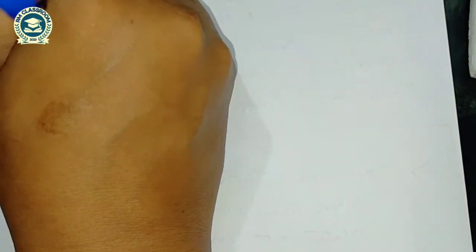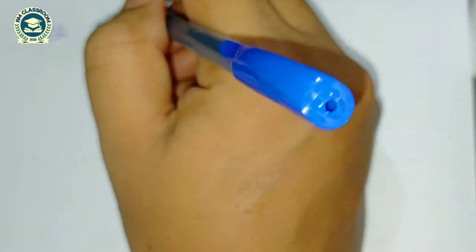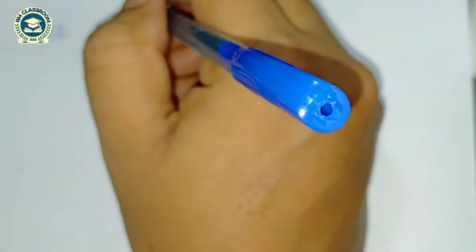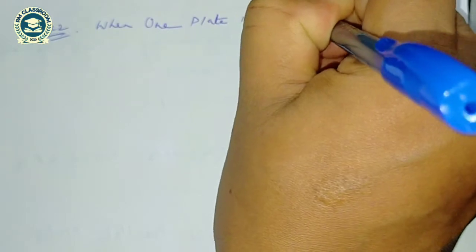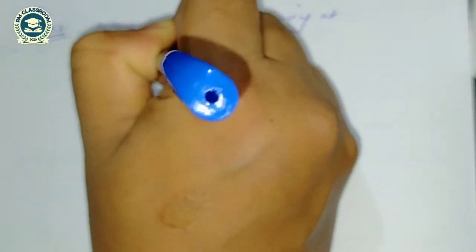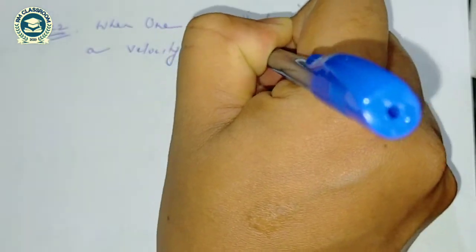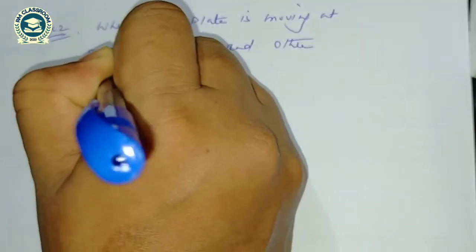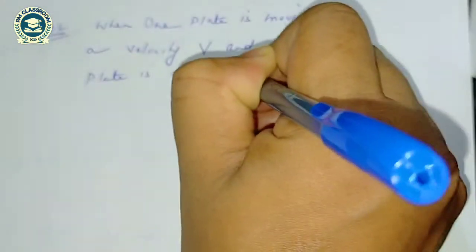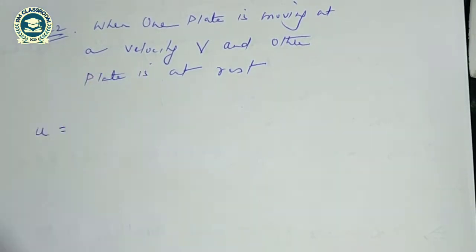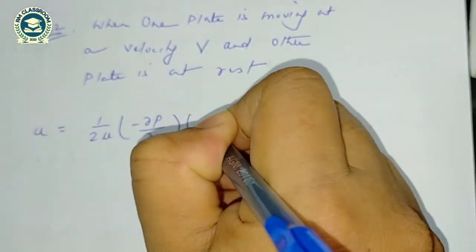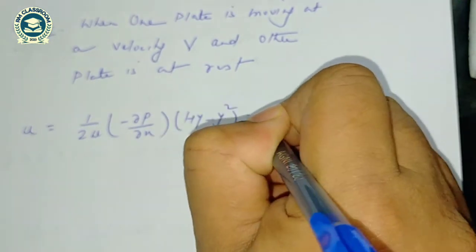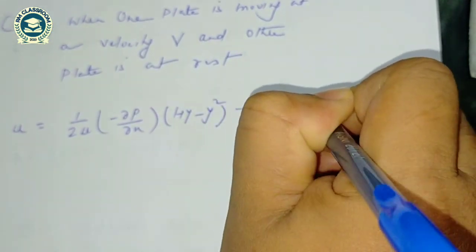So we can write case 2, when one plate is moving at a velocity capital V and the other plate is at rest, then our expression of the velocity is 1 by 2 mu into minus del P by del X into (Hy minus y square) plus V upon H into y.